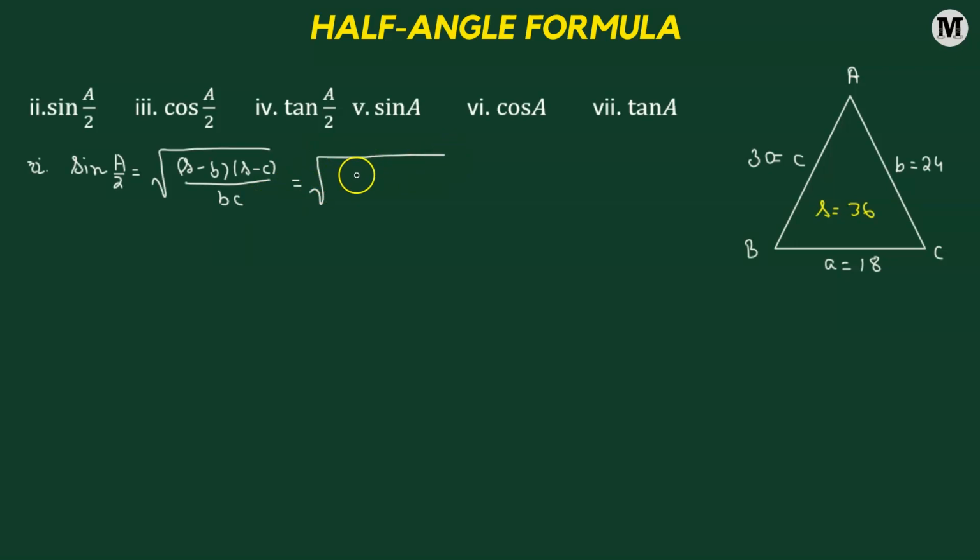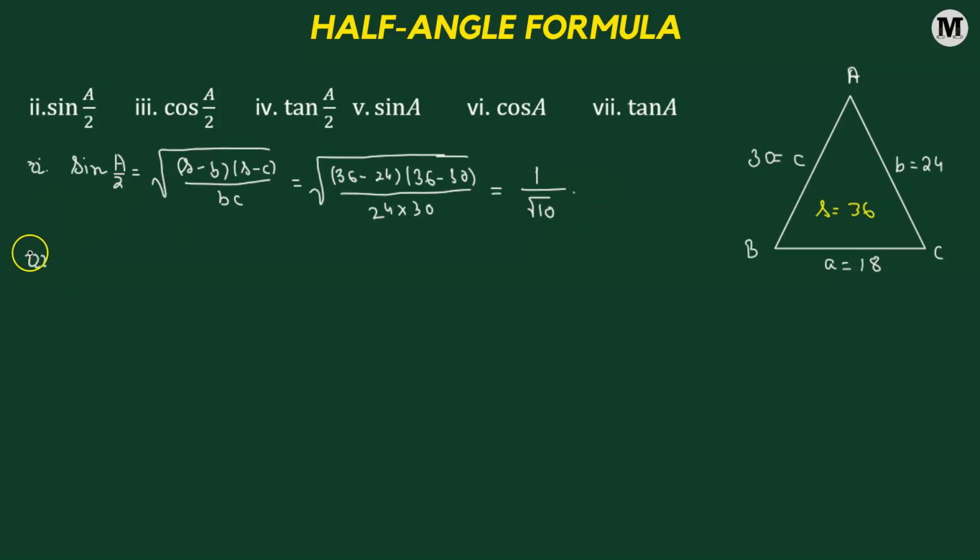So s here corresponds to 36. So we have 36 minus b, so that's 24, multiplied by 36 minus c, so that's 30, whole divided by b times c, so that's 24 multiplied by 30. So this is going to give us a value 1 divided by square root of 10. So this is going to be the value of the trig function sine of angle A over 2.